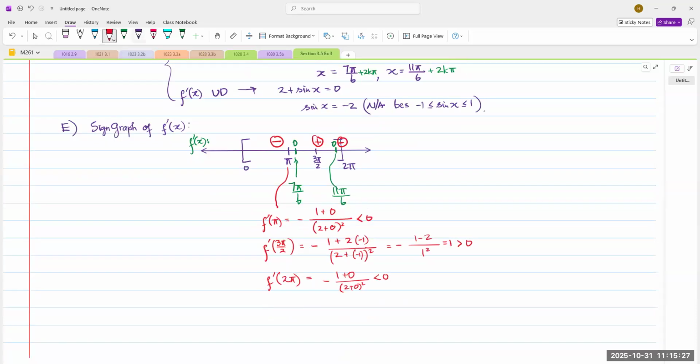With that said, we see f(x) is increasing on the interval from 0 to 7 pi over 6 union 11 pi over 6 to 2 pi. The function is decreasing because the slope is negative between 7 pi over 6 to 11 pi over 6.